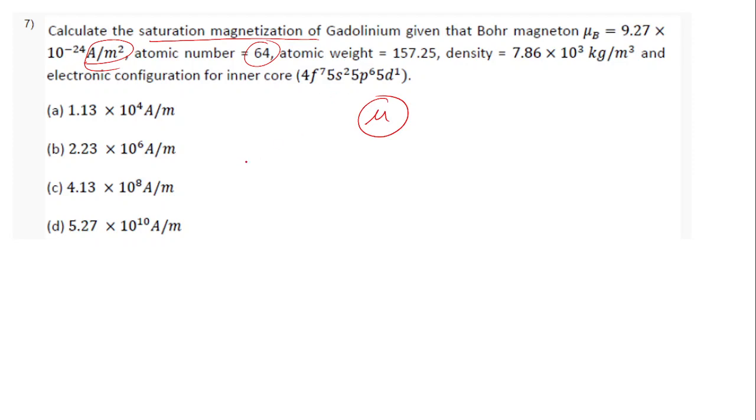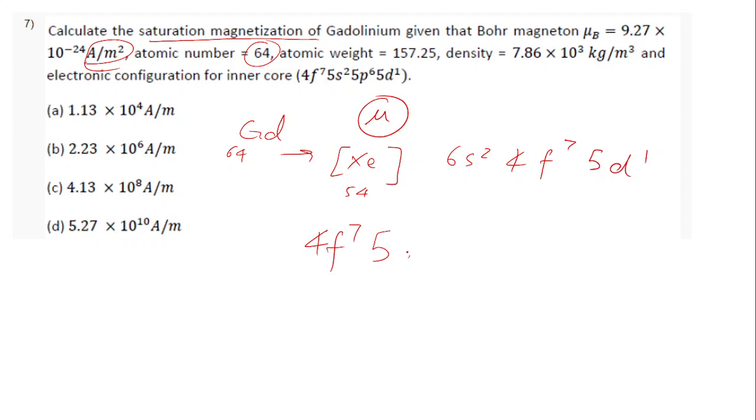For gadolinium, the atomic number is 64, so the electronic configuration becomes, if we write in terms of xenon, because xenon's atomic number is 54, it's a noble gas, then 6s2 4f7 5d1. Here we see the unpaired electrons are in 4f7 5d1.